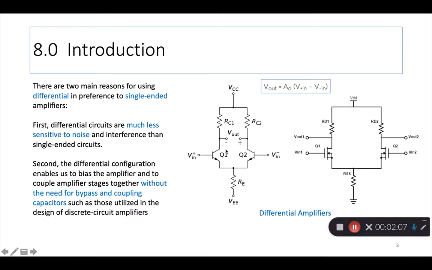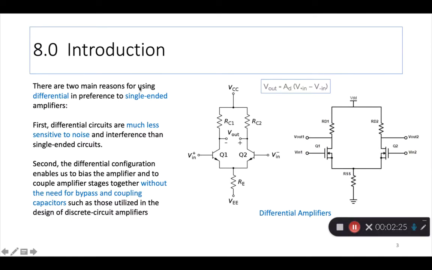But if you take two of them and connect them as shown like this, they form a differential pair. That's what we're going to study here.